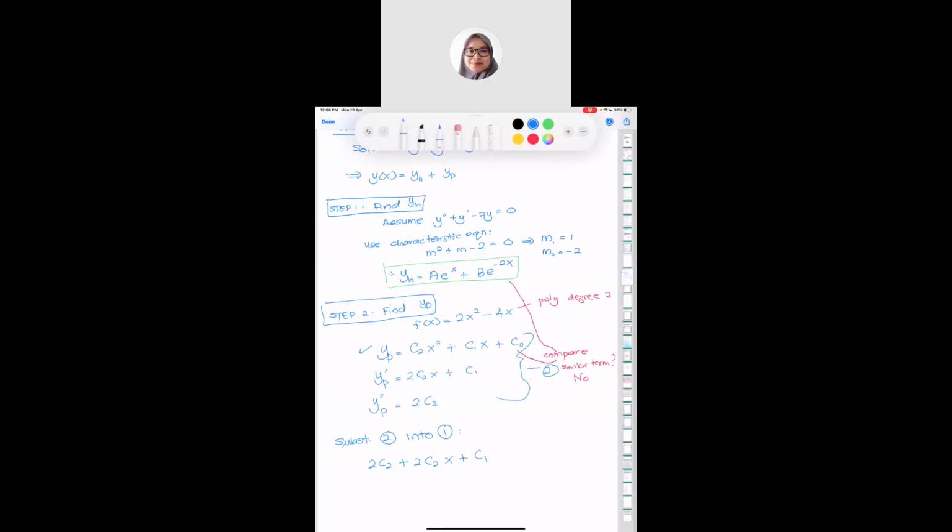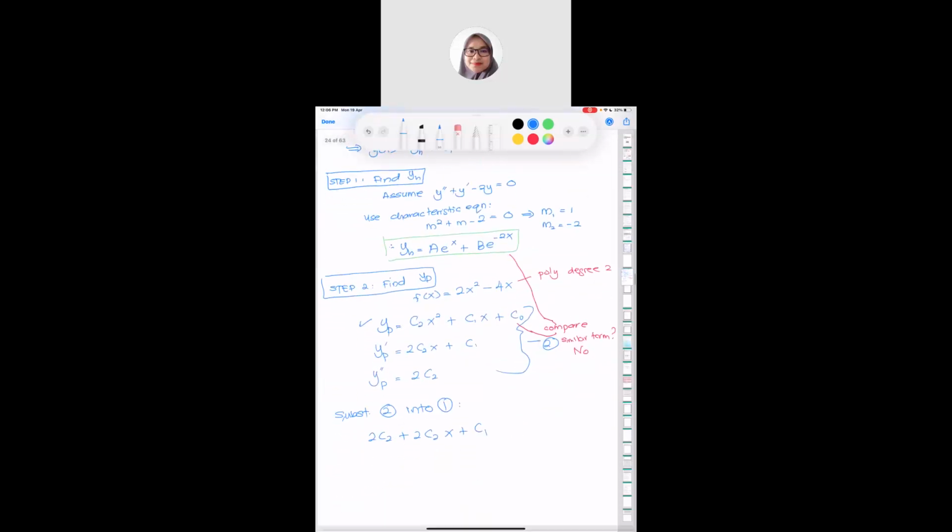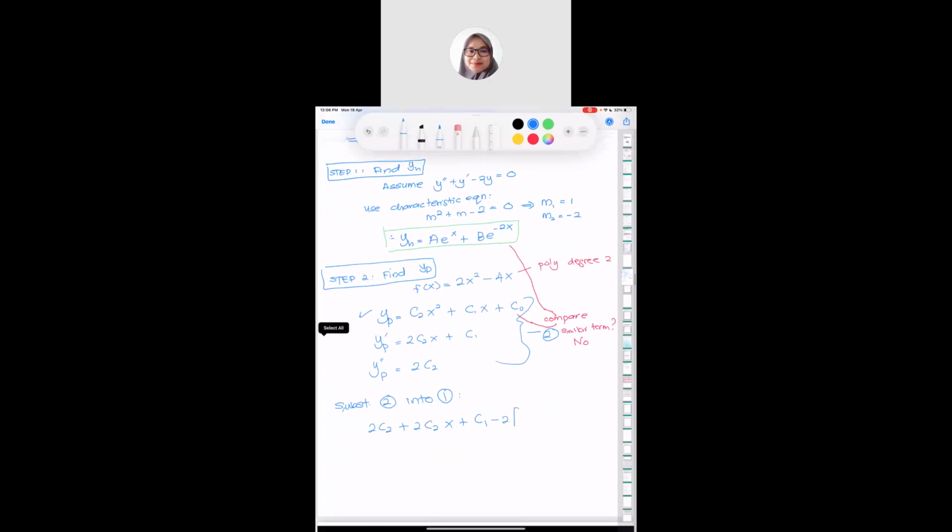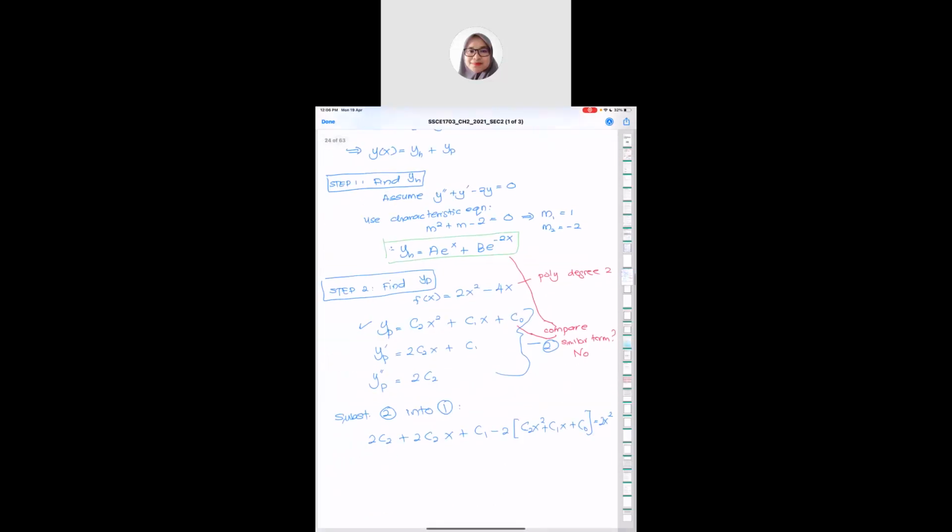Okay, and then tolak 2 darab dengan Y, C2 X squared plus C1X plus C0 equal to 2X squared minus 4X. Okay, saya just masukkan derivative yang saya dapat tu ke dalam original equation.